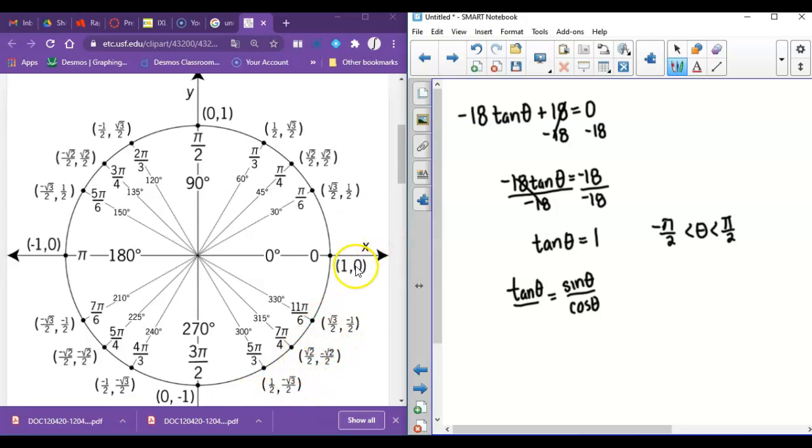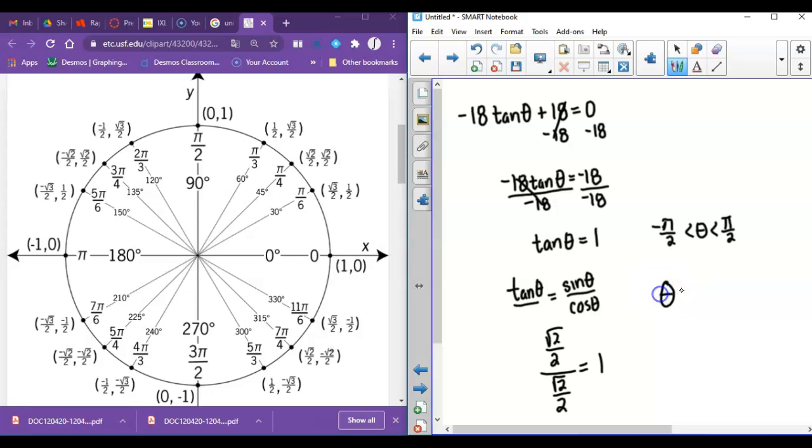We already tried 0. It did not work. If I do 1/2 divided by square root of 3 over 2, that is not going to equal 1. But if I do square root of 2 over 2 divided by square root of 2 over 2, that is going to give me 1. So this is the answer that we want to use right here at 45 degrees.